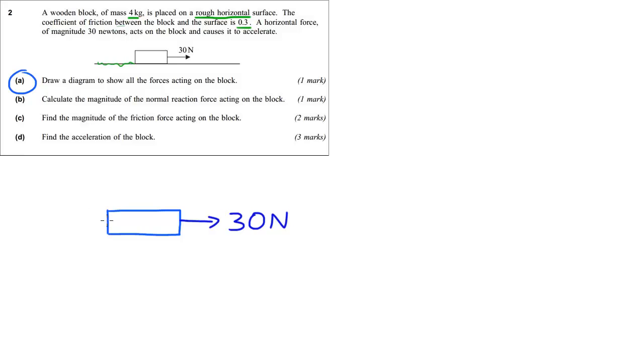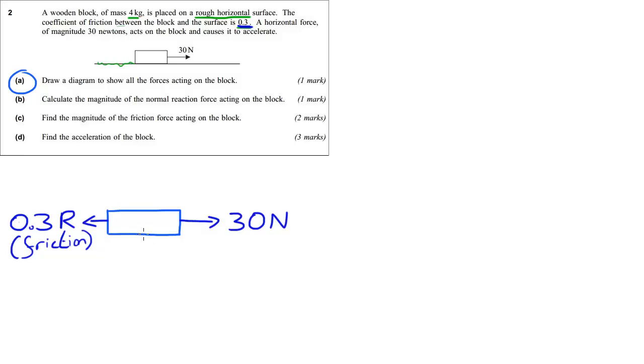And then what we have on the other side of that, I like to do these in opposites, is the friction force. And the friction force, as we'll come to later, is going to be this coefficient of friction, this 0.3, times R. R we will come to in a minute. You don't have to write that down, by the way. You can just write down friction there, and that's enough for the mark.